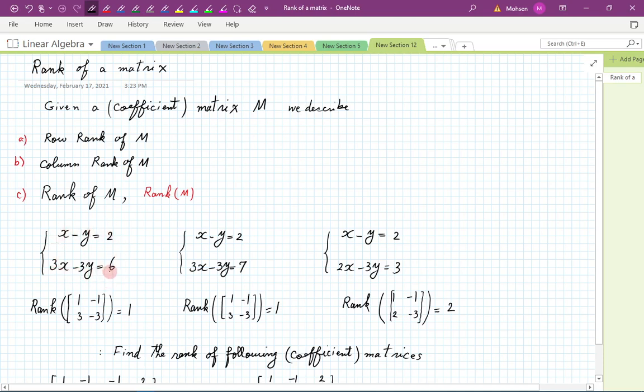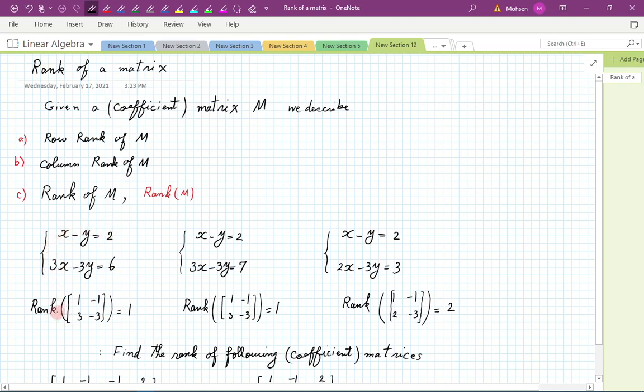You notice something peculiar: the second equation is just a triple of the first equation. So whatever information was there is being duplicated here. I'm not really being given any new information. So really I have one equation.